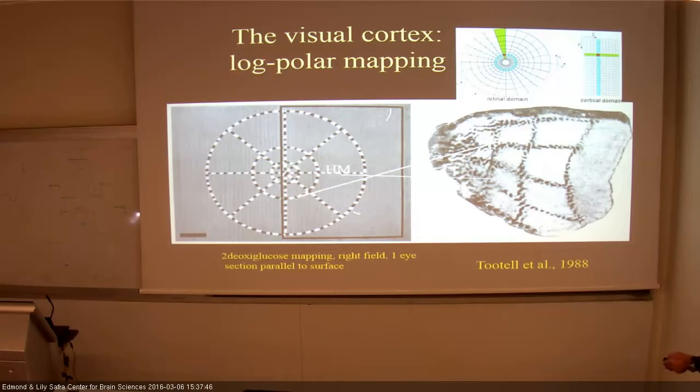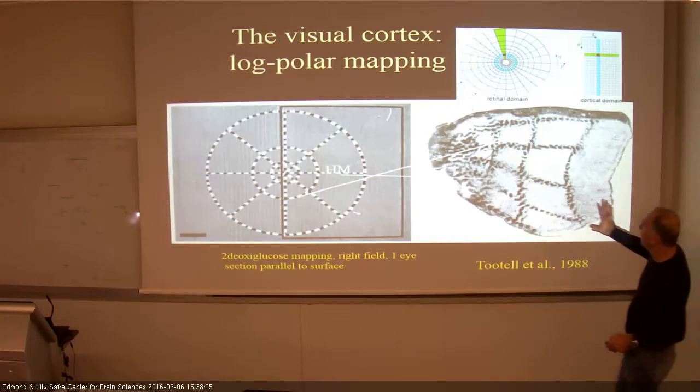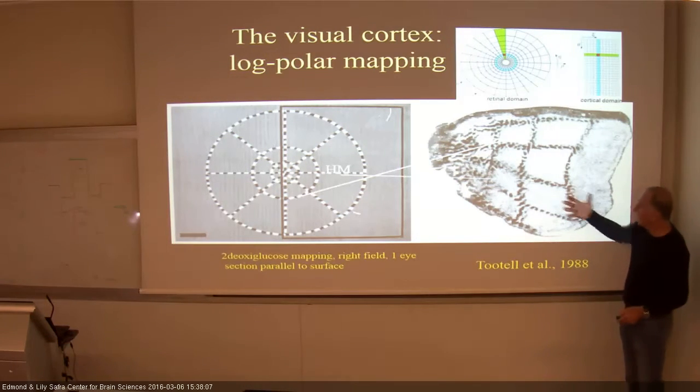So let's look. Here, this arc corresponds to that arc here. So this line, that line, and that line correspond to the arcs. This is the outer arc, which corresponds to this one. Middle arc here corresponds to this one. Inner arc here corresponds to this one. And think about it, this is the cortex.